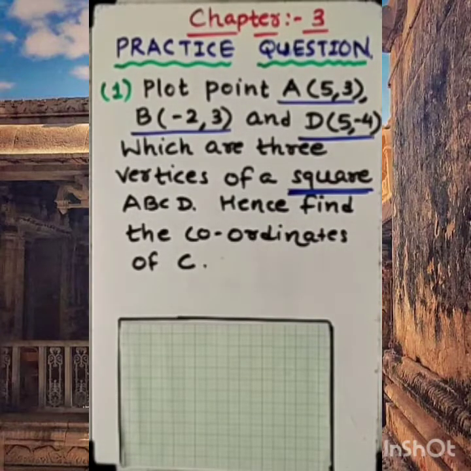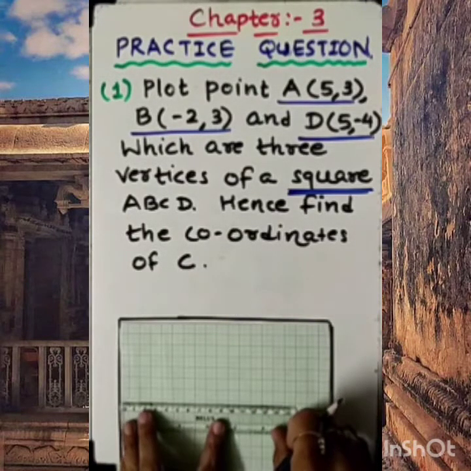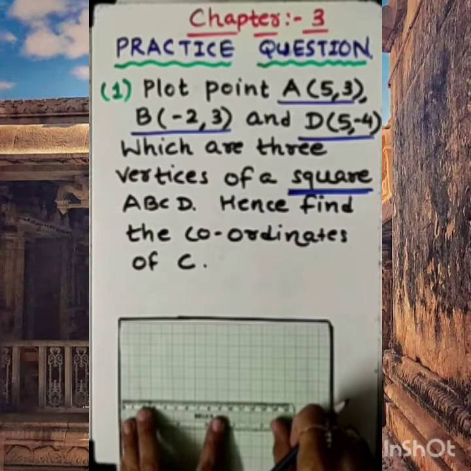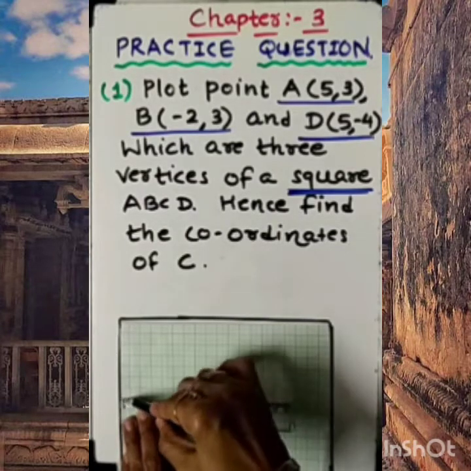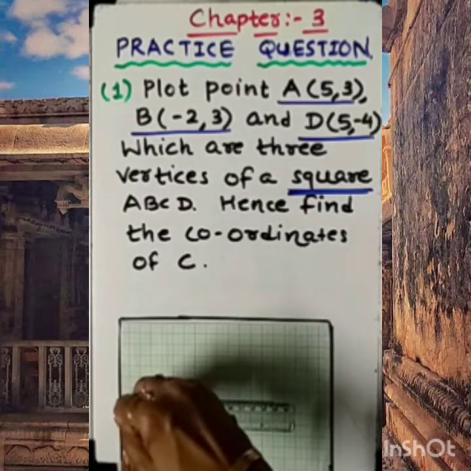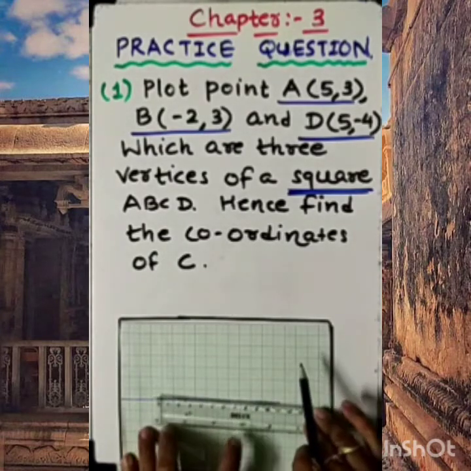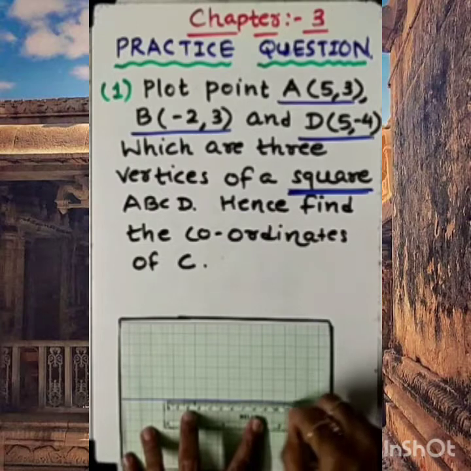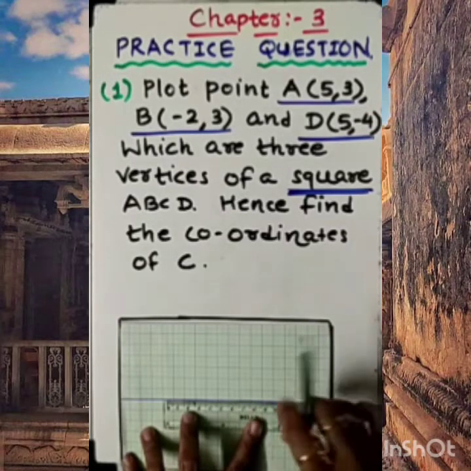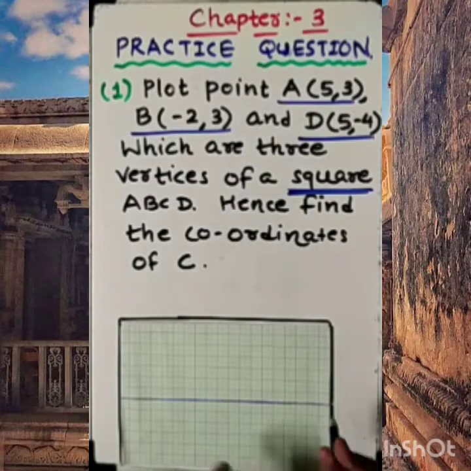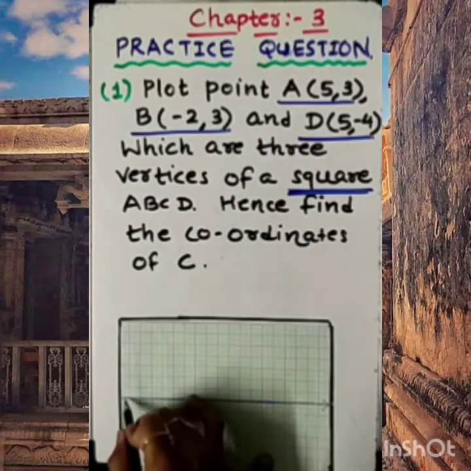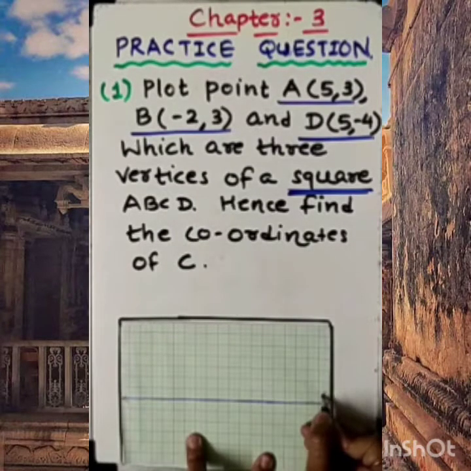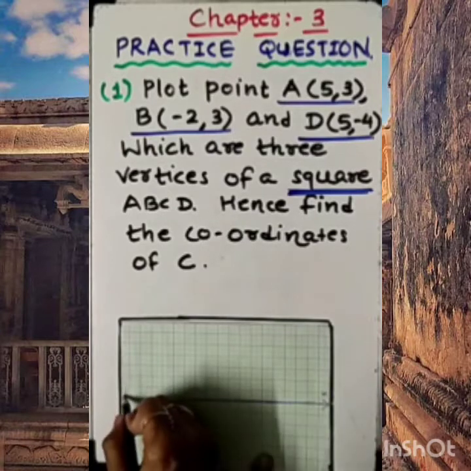So dear student, first of all we are drawing the x-axis. Let me draw the x-axis. I am starting from here. You can see on your screen the horizontal line is called the x-axis. Here I am carefully using my scale. Clear to you? Now I am marking this as x and this as x dash.